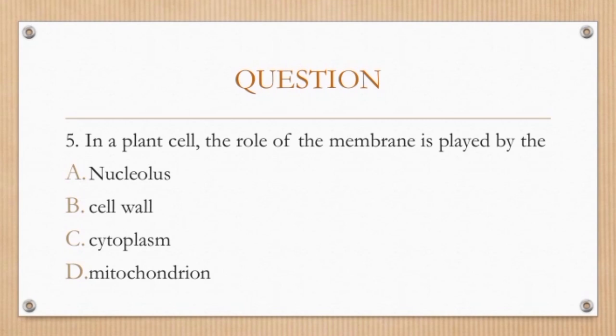They are asking which part of this plant cell performs the same function as the membrane in animals. We have A, the nucleus, the cell wall, the cytoplasm, the mitochondria. What is the right answer to this question now?